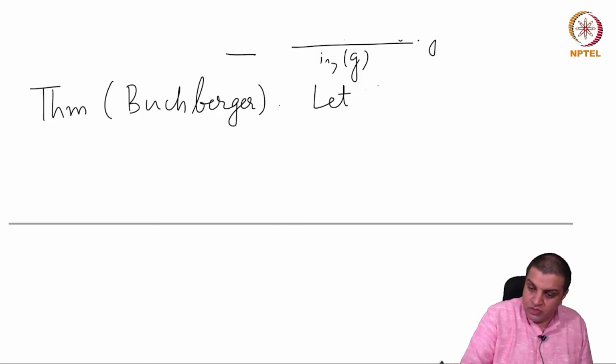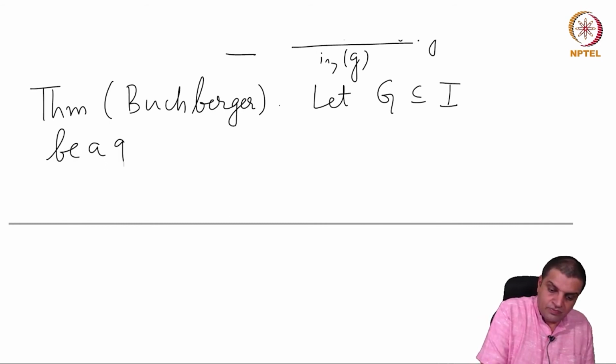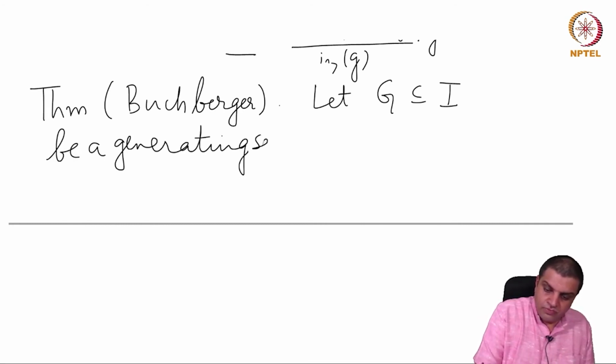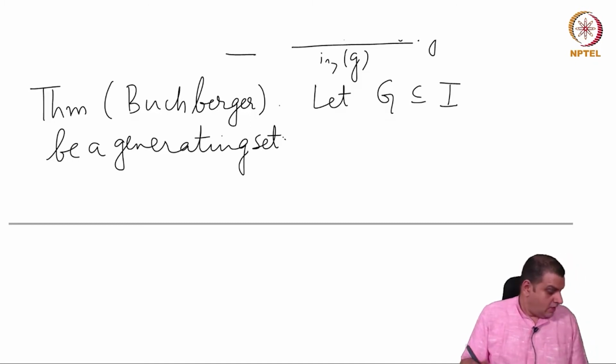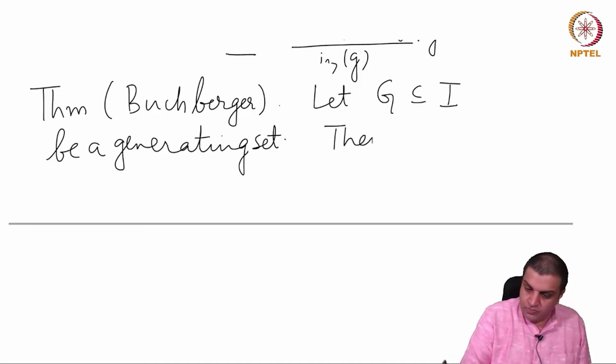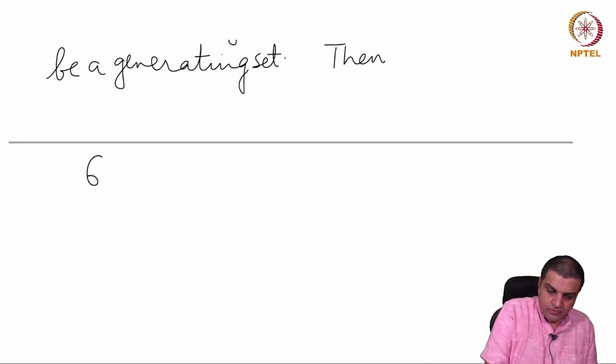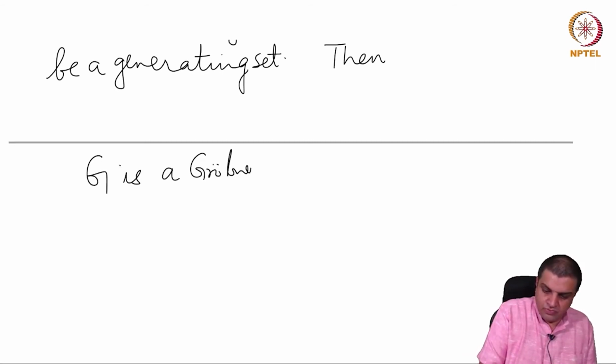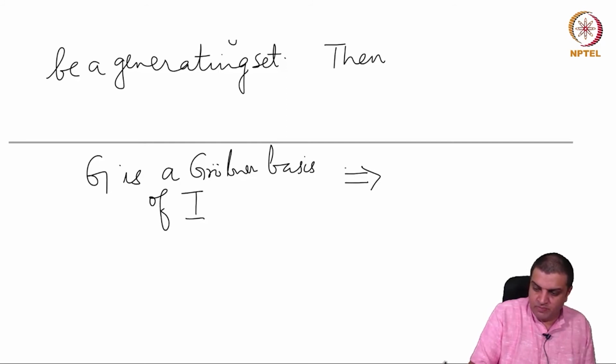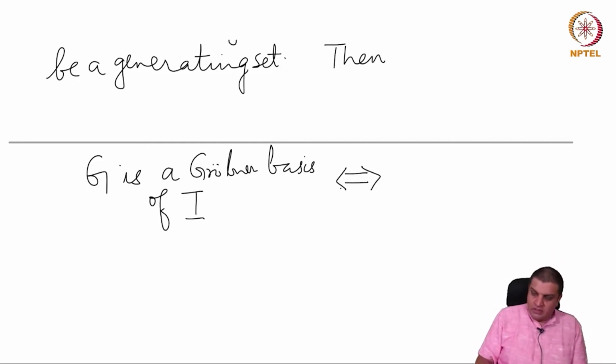Let G inside I be a generating set. Then G is a Gröbner basis of I if and only if the following condition holds.